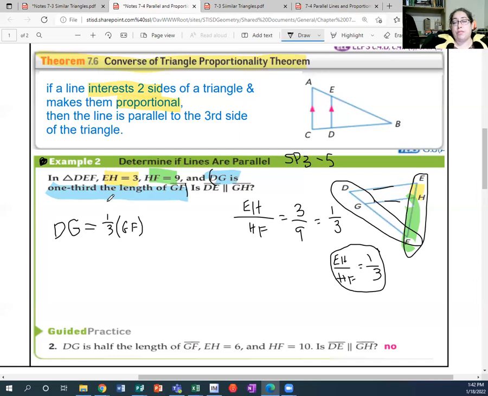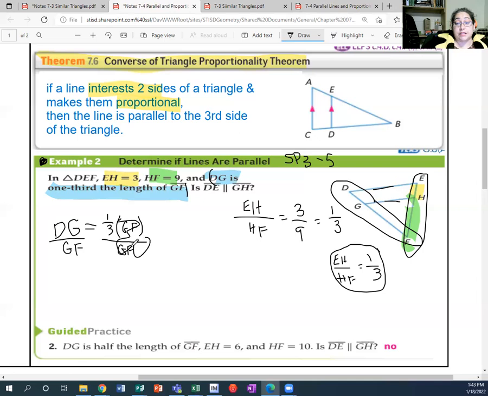What's happening to 1/3 right here? It's being multiplied. So how do you undo multiplication? Divide. I'm going to divide by GF because that's what I'm trying to get rid of in order to get the 1/3 by itself. What I do to one side, I have to do to the other.